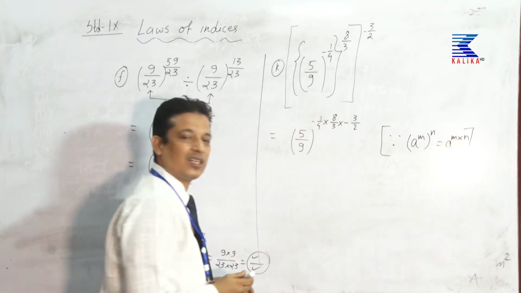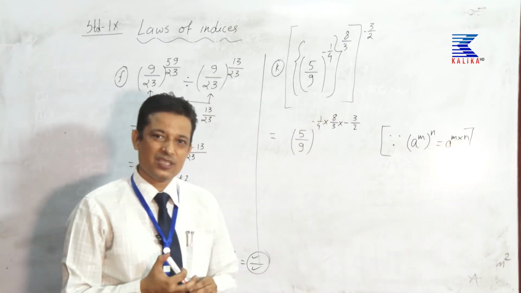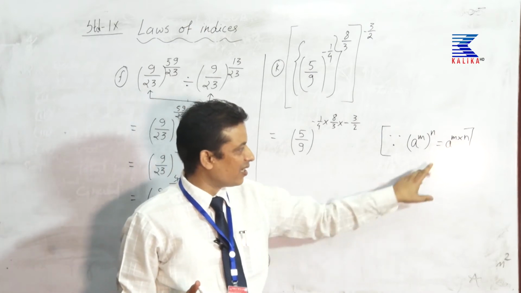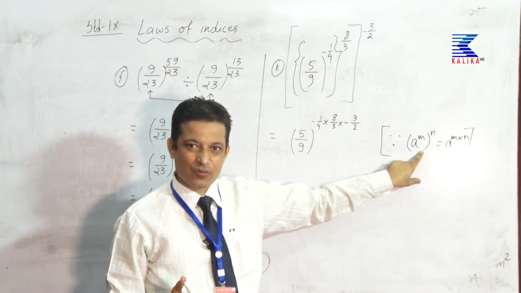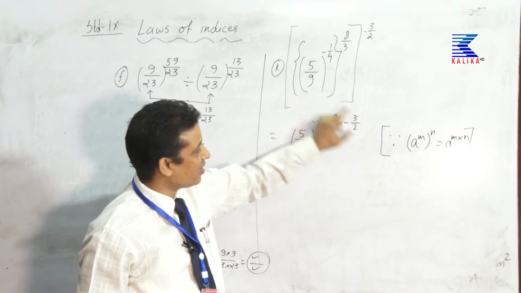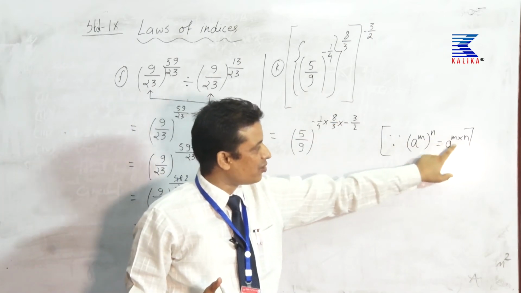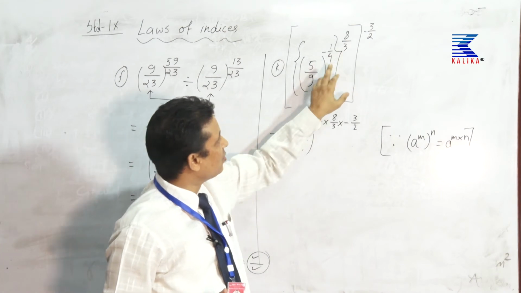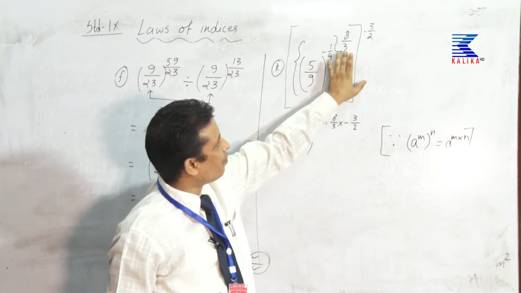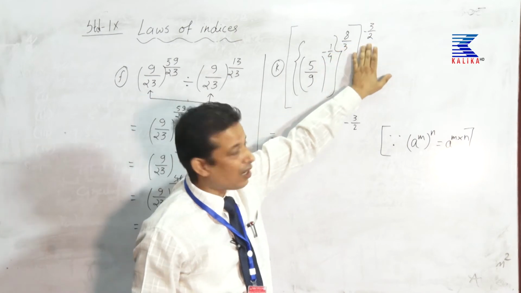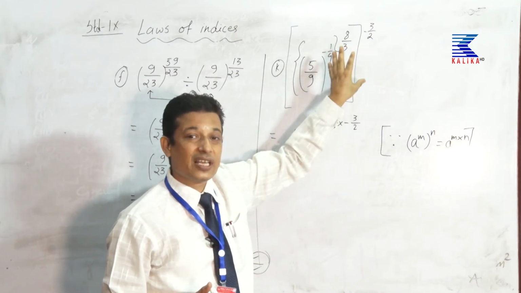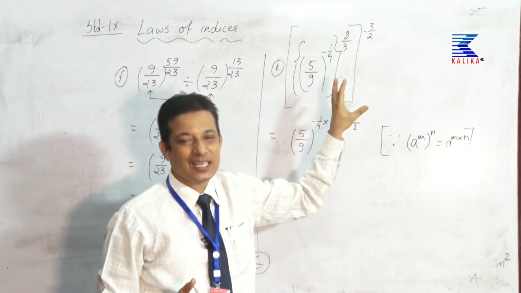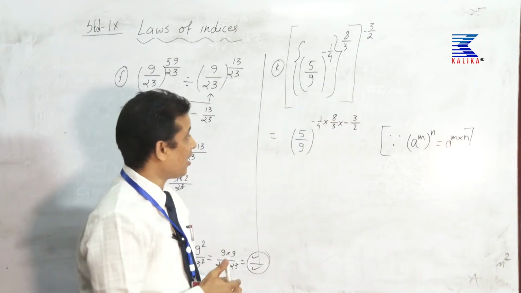Do you think you have understood, dear student? Yes, obviously this is the law of indices that we used for this case. Here m and n are there, so the two are multiplied. Here it is a power of the power of the power. Look, at first minus 1 by 4, then 8 over 3, then minus 3 by 2. In such a case all the powers should be multiplied to get the result.